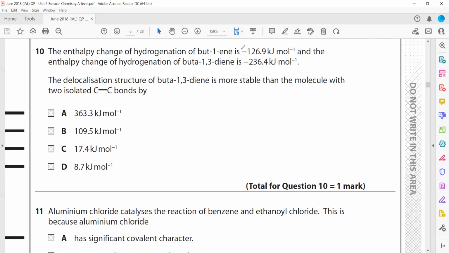Hydrogenation means addition of hydrogen. So if we add one hydrogen to but-1-ene, this is the energy released. If two hydrogens are added, how much energy will be released? If there is one double bond and hydrogen is added, the enthalpy change for the reaction is minus 126.9.